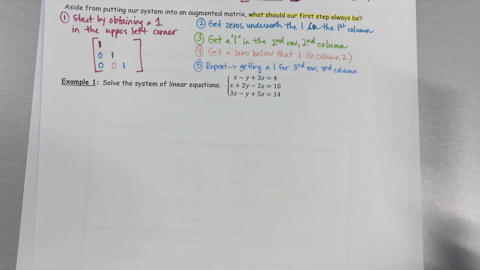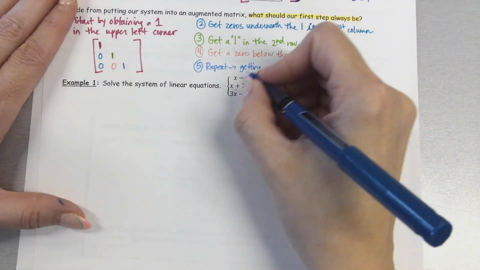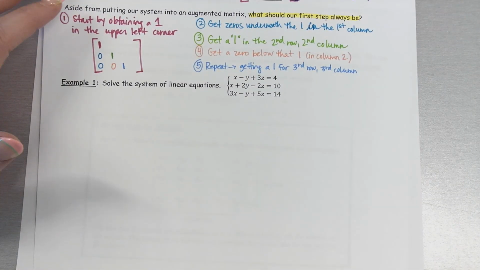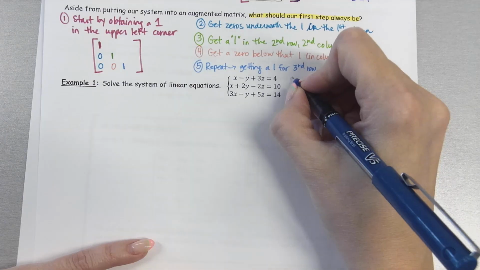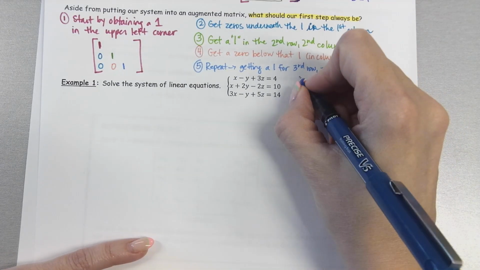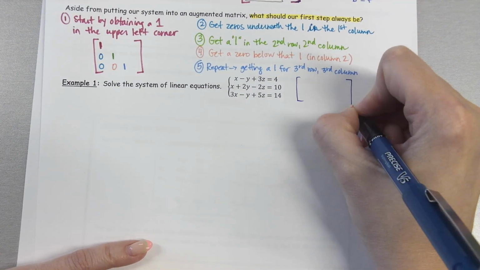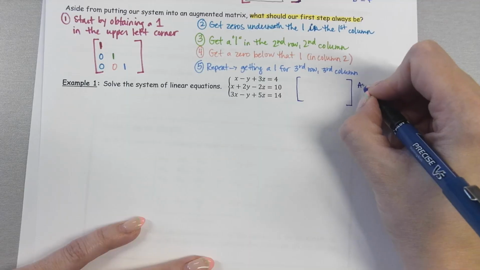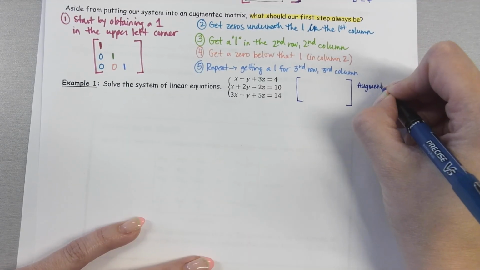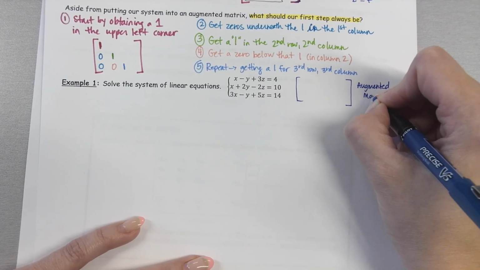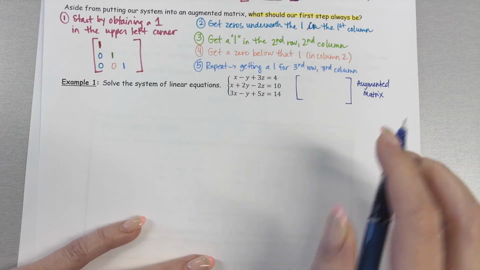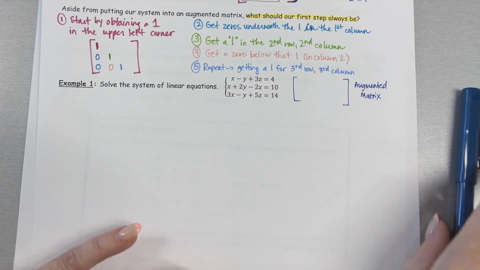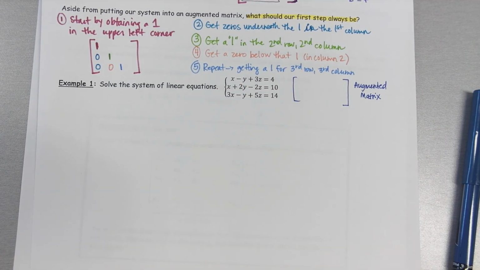Our system of equations is given. We are going to write the augmented matrix. Actually, will you guys write that augmented matrix for me? So you have your augmented matrix here. We're just going to put those in the columns.